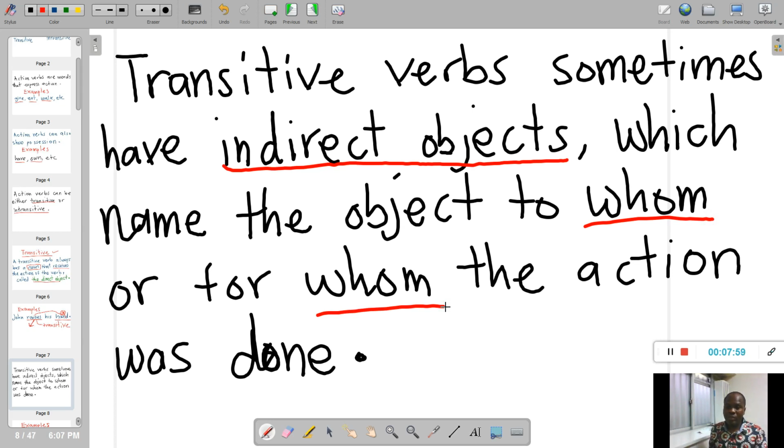Very important. In the first example, the hand received the action, so the action was done to the hand. Let's move on.